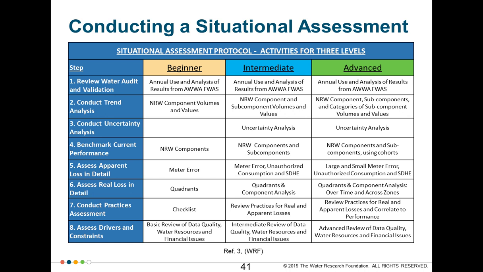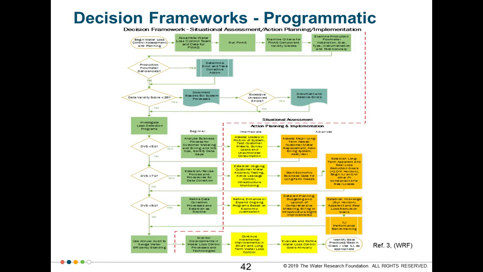The advanced utility will carry out both the quadrant and LCA analyses at the pressure zone or district metered area level. The LCA includes a benefit cost evaluation of the 3 short to medium term real loss control interventions previously shown on the 4 pillars diagram.